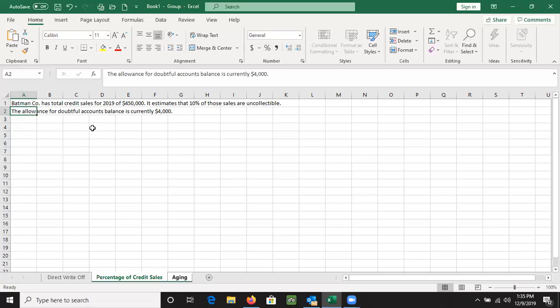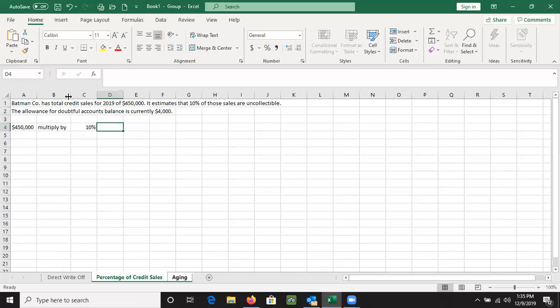Under the percentage of credit sales method, what this method says is you take a company's total credit sales for the year, so 450,000, and you multiply by the percentage that you estimate is uncollectible. That percentage is normally going to be given to you, okay? In real life, that percentage comes from past historical information.